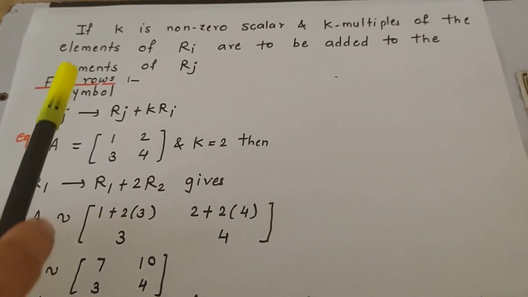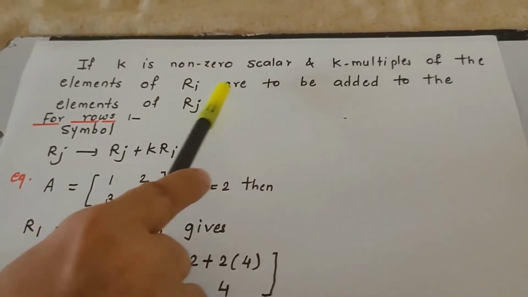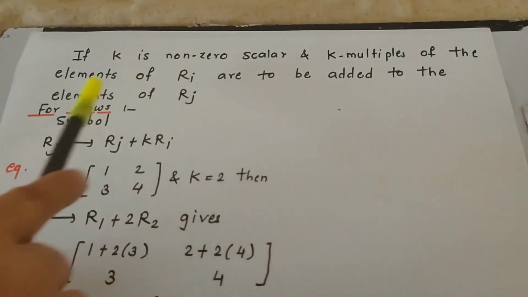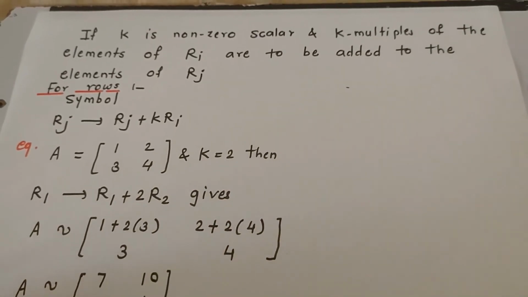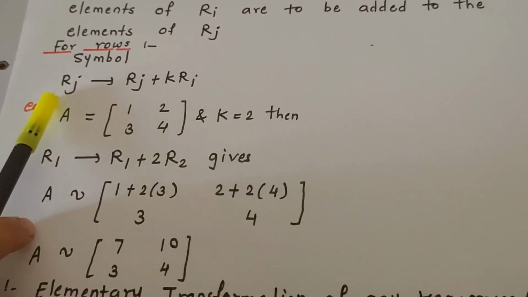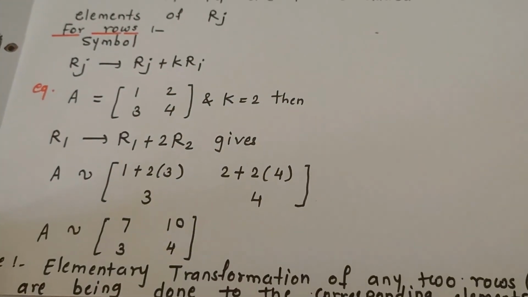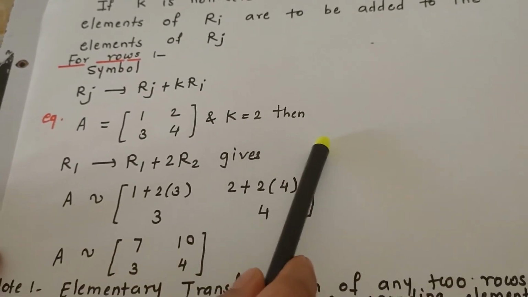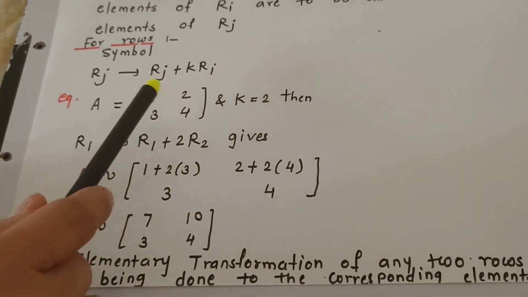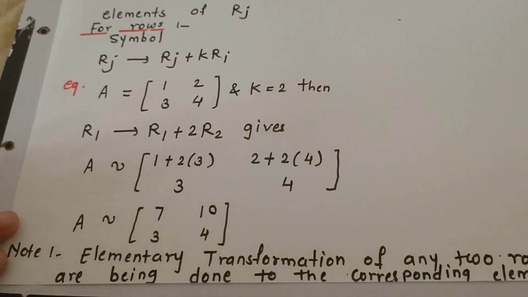That means if k is a non-zero scalar and k multiples of the elements of the ith row are to be added to the elements of the jth row, it is symbolically denoted by Rj changes to Rj plus k into Ri. For example, A is a matrix and 2 is a scalar. Then we make changes in the first row such that R1 changes to R1 plus 2 R2.